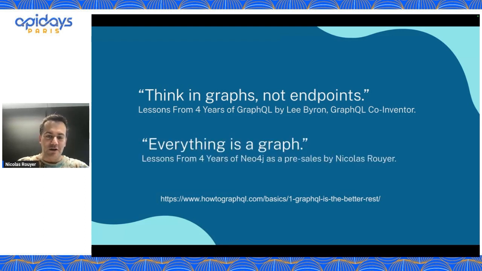And another quotation from me, in lessons from 4 years of Neo4j: everything is a graph. So when you are in a connected world, you tend to think about connected things as a graph. So there is a logic that GraphQL and the graph database Neo4j go together.